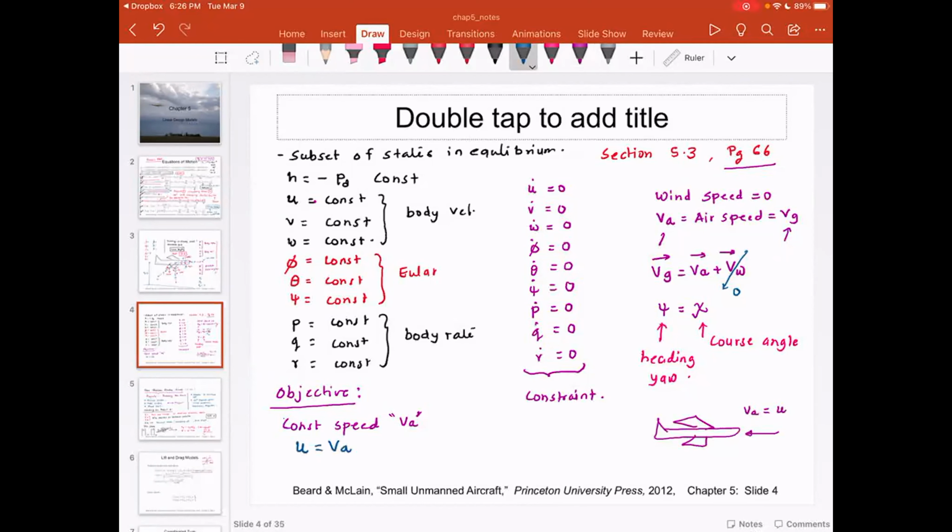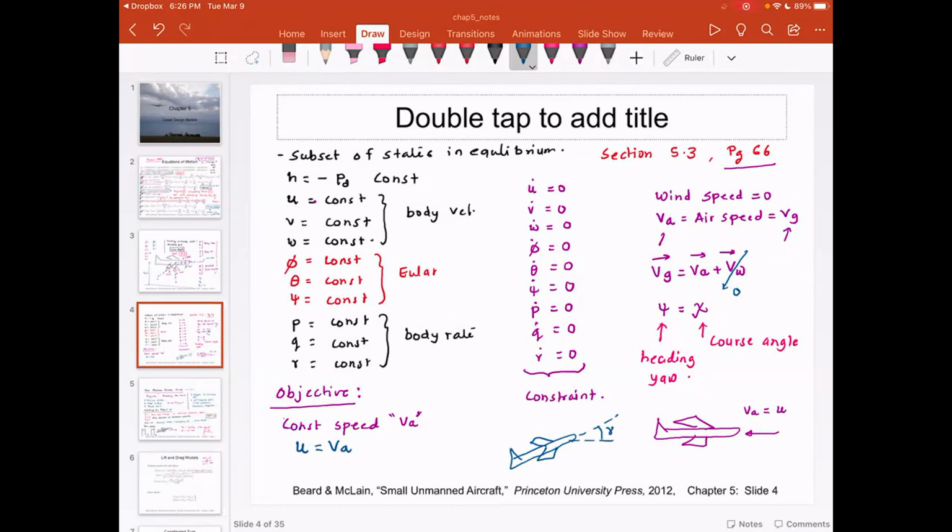The next thing is, let me consider the climbing case. Climbing means going up. So if it is climbing, you have the flight path angle gamma, and it's going up by gamma.